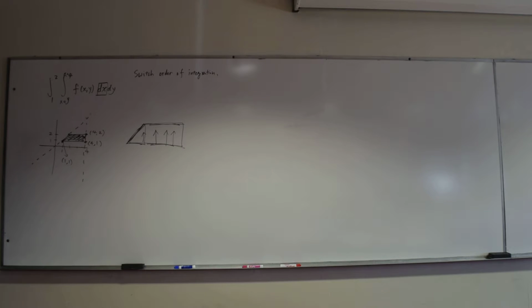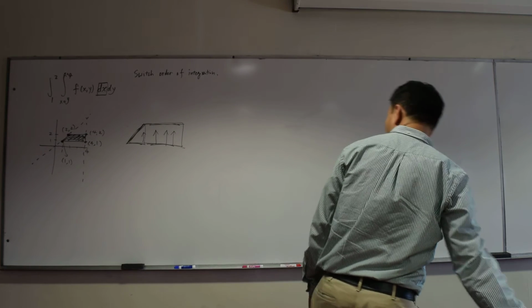Or even if you didn't draw it carefully, you know that this point is on the graph x equal to y, right? It's a point on this line. And since you know that the y coordinate is 1, you know that the x coordinate should also be 1. And same deal here. What's this coordinate? (2, 2), because if the y coordinate is 2, and it's on this graph, y equals x, then it must be (2, 2). Okay. So that's going to help us to figure out the bounds easily.